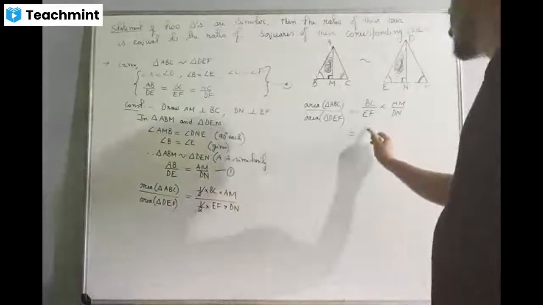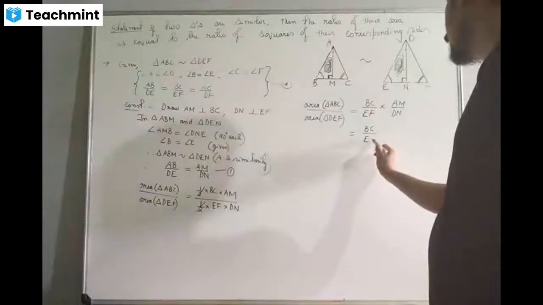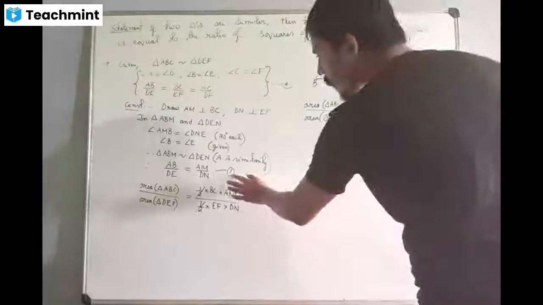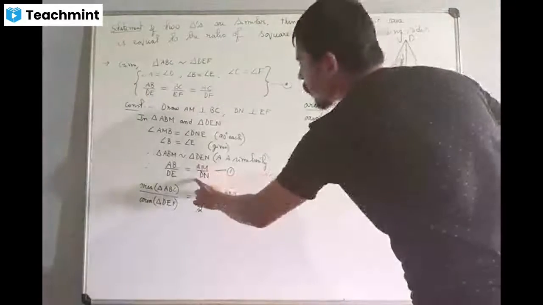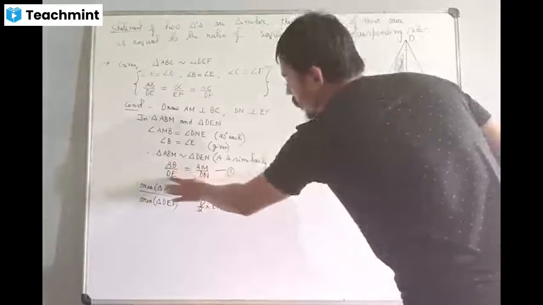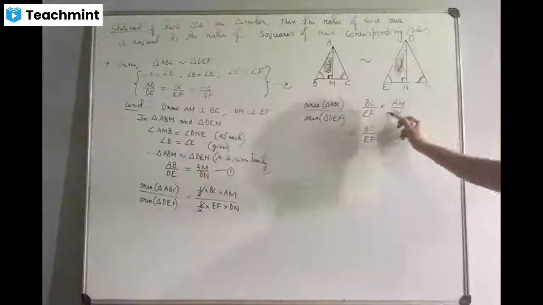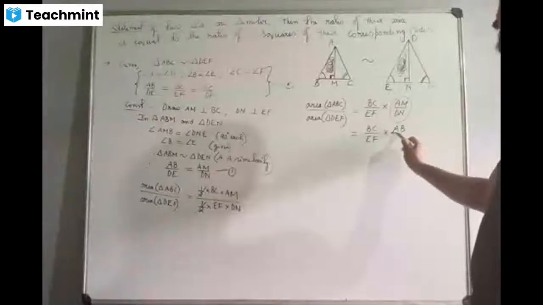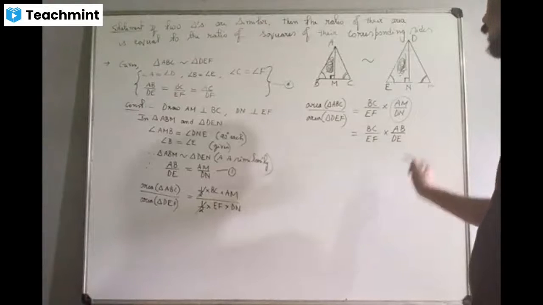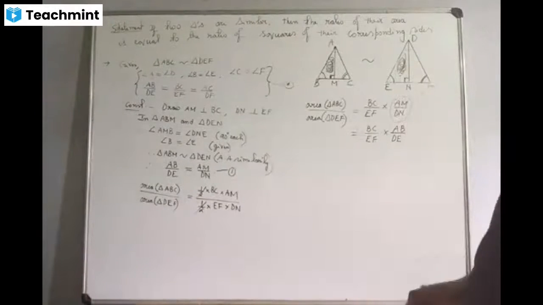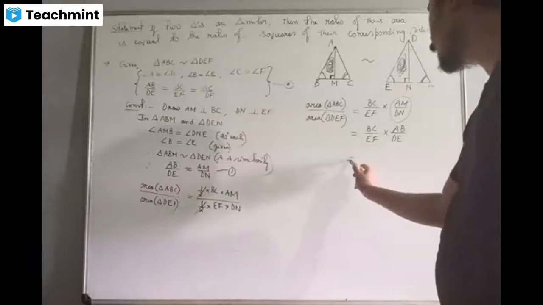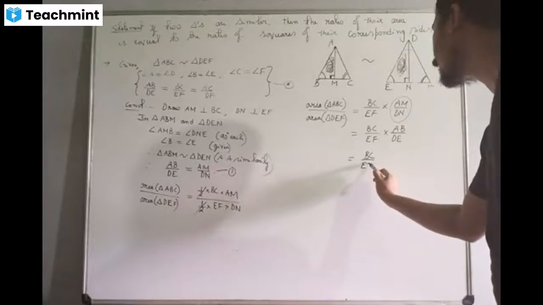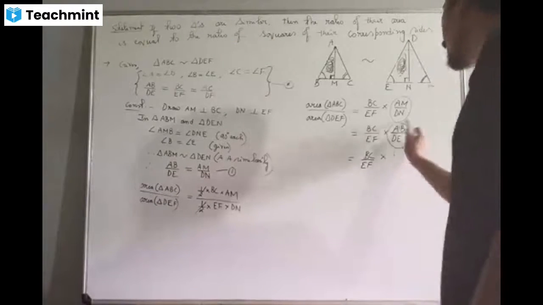Now we see BC upon EF times, now you look at equation 1, AM upon DN is equal to AB upon DE. Replacing AM upon DN by AB upon DE, this now becomes BC upon EF times AB upon DE.